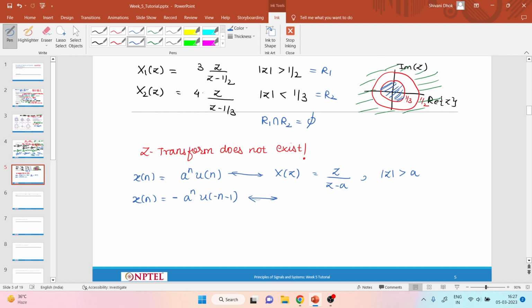So let me put a magnitude sign here. So the z transform of this will be again the same function, z upon z minus a, but here the region of convergence will be exactly opposite. So these are two general cases which we can use every time. These are very useful while finding the z transform.